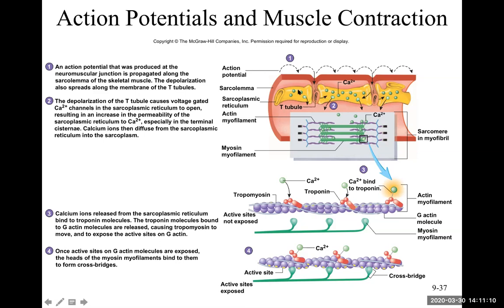This is kind of the answer to the question I had just given you guys, though I'd still want you to think about it. You have an action potential that goes from one segment to the next, then it has to go down this transverse tubule. As it goes down this transverse tubule, an action potential travels down the transverse tubule.